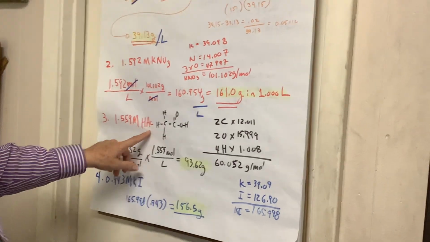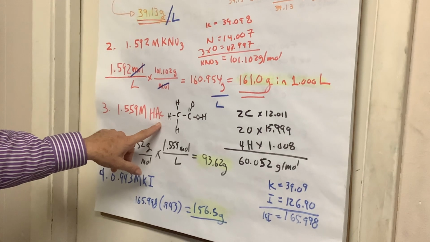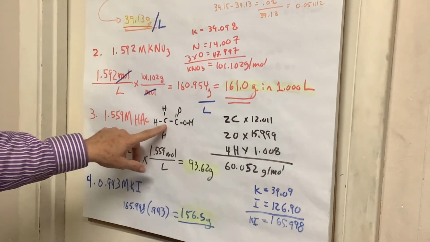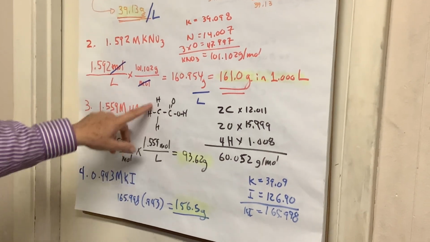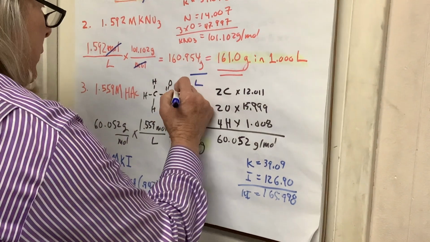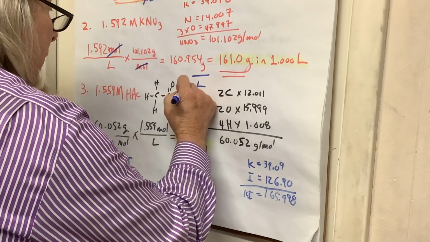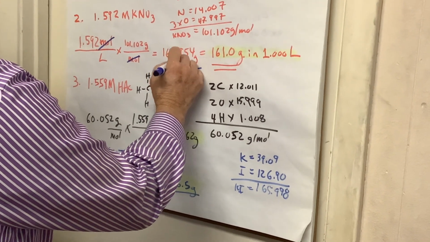It says 1.559 molar acetic acid. I've abbreviated this HAc so I don't have to write everything out. But acetic acid is a 2-carbon organic acid, CH3 on the end, C double bond O, OH. This is the H that pops off to give us the H plus acid.